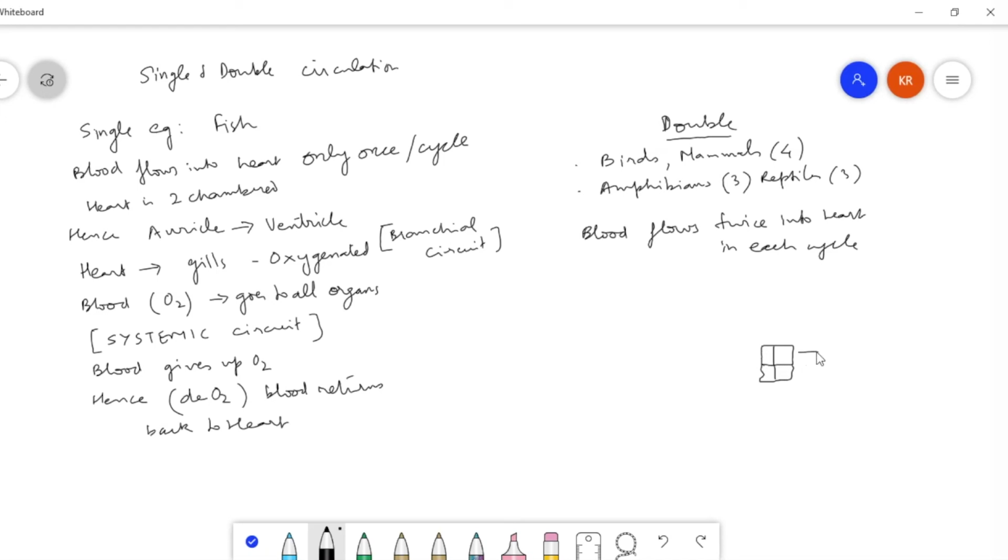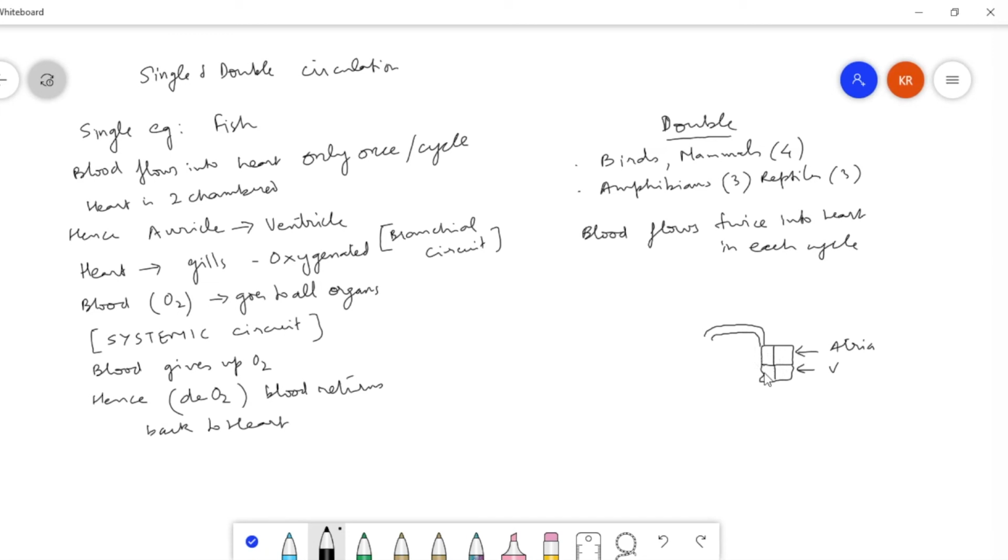That means let us say that these are the atria and these are the ventricles. Then we know that blood comes into the right atrium.